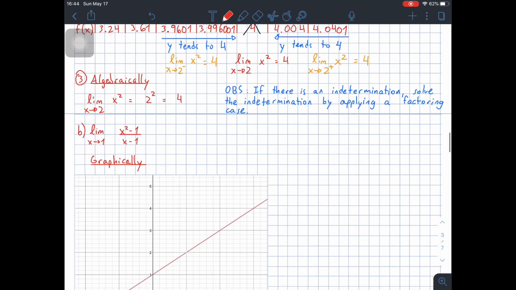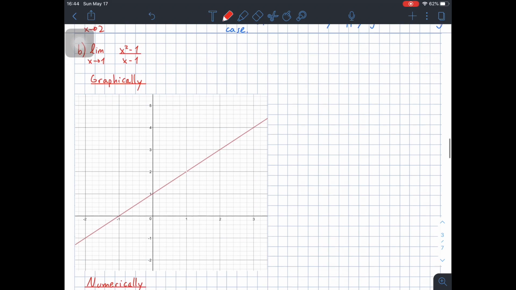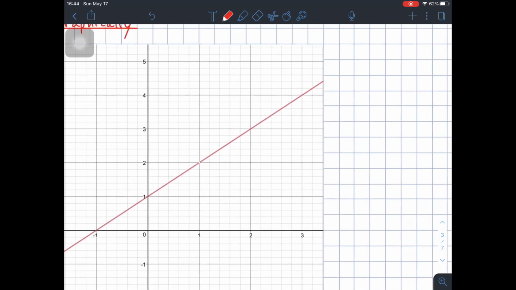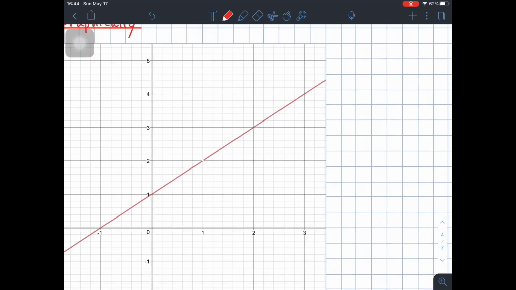We're going to start by graphing this. If you graph this function into your calculator, you should see a straight line. Okay, that's the graph of this function. And in some calculators, you will see that there's a small gap in here. Okay, there's a small discontinuity point there. Why?